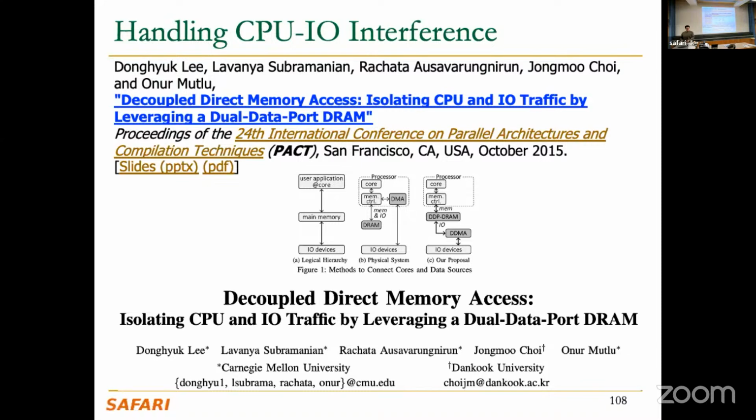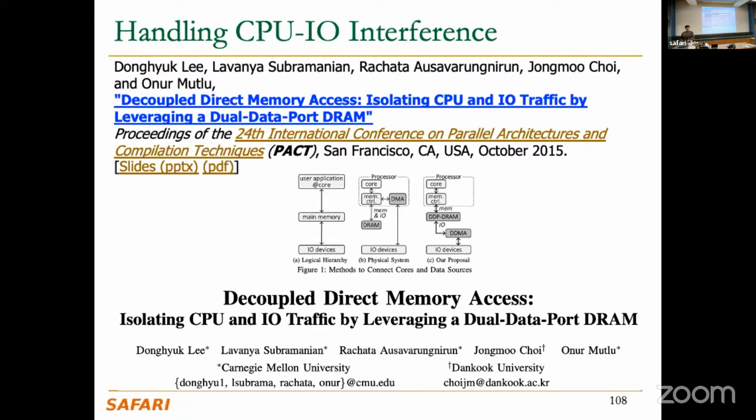There's also CPU-I/O interference. Here, you have I/O agents like DMA engines, direct memory access engines, that, for example, fetch data from your storage device and put it into main memory, and that interfere with CPU requests. This is because the bandwidth requirement of that DMA engine is almost as high as the memory bandwidth that you have.